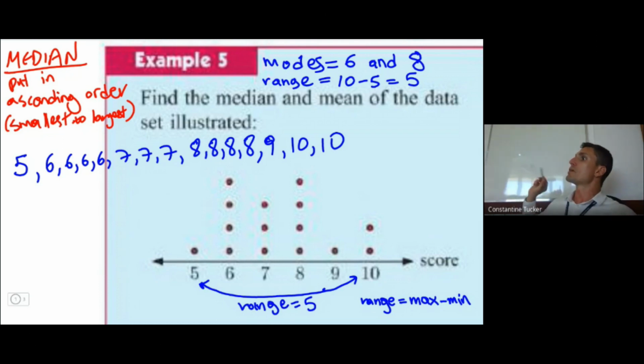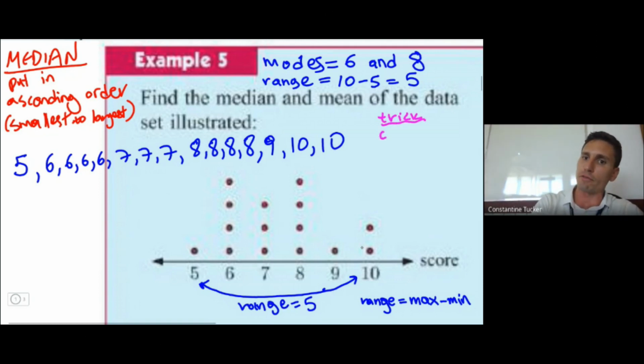Now let's find the middle. The trick is to cross out one from the left and one from the right. The 5 and the 10 go.